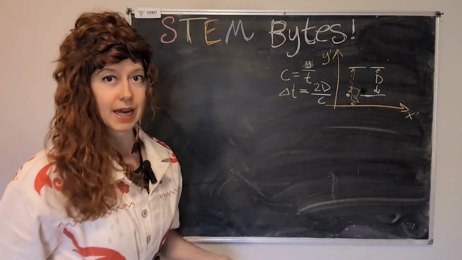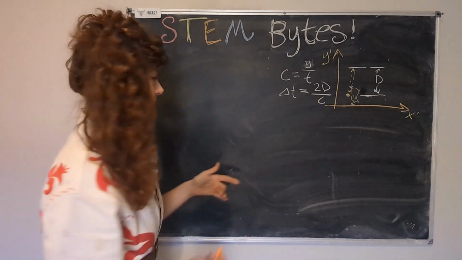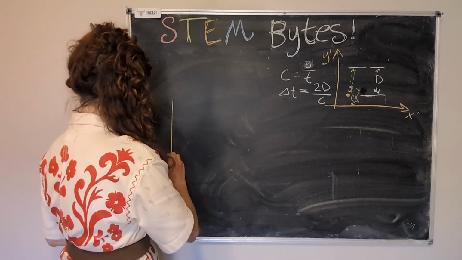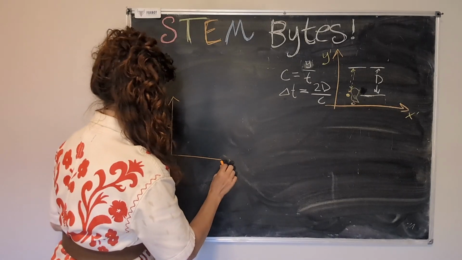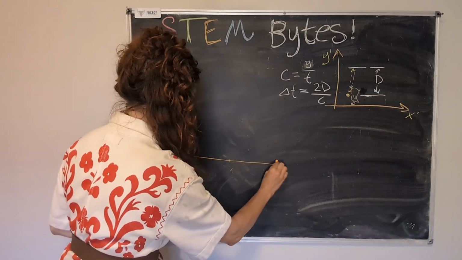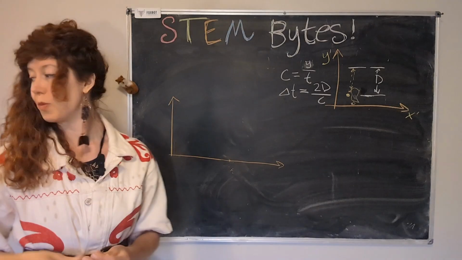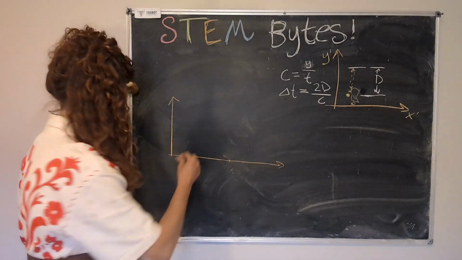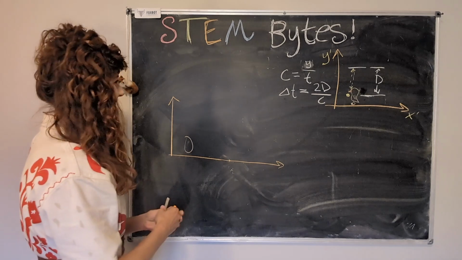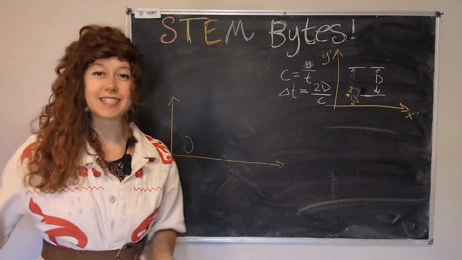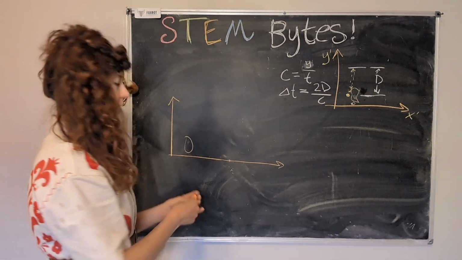But now let's say we have a penguin that is sliding down the ice, and we're going to need a longer frame of reference here. We're going to go like that. Okay, so now our penguin, I'm just going to draw a circle this time. There's our penguin. And our penguin releases the same flash of light.